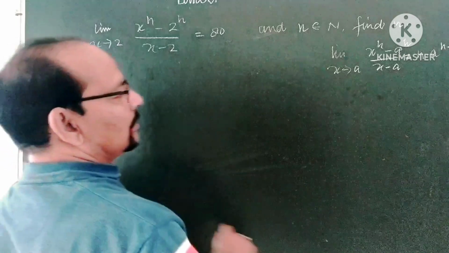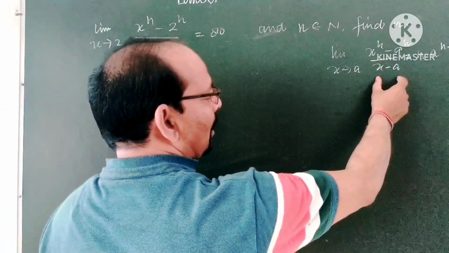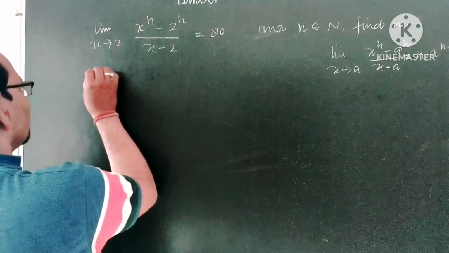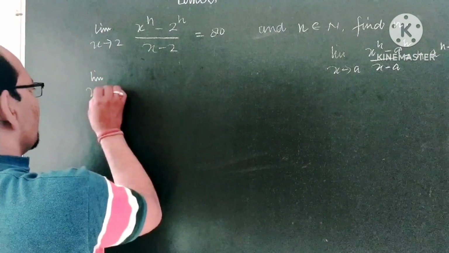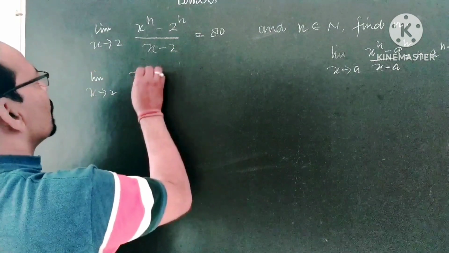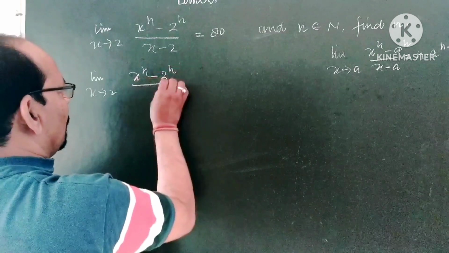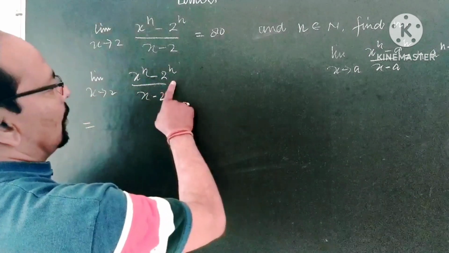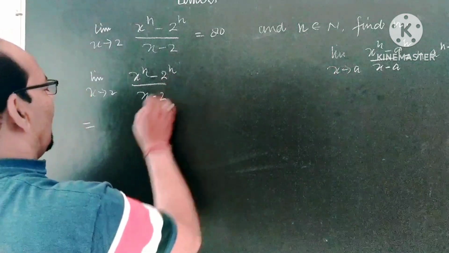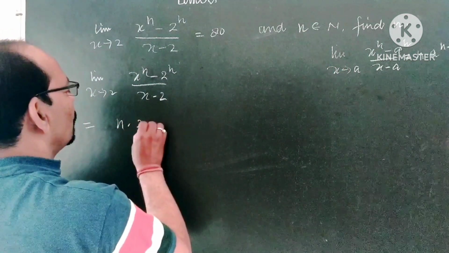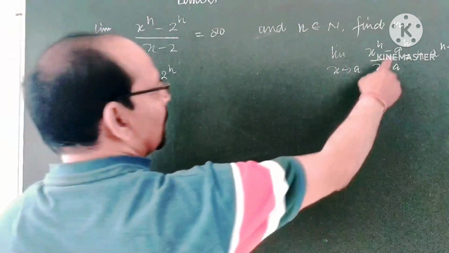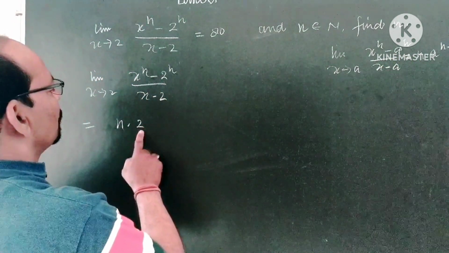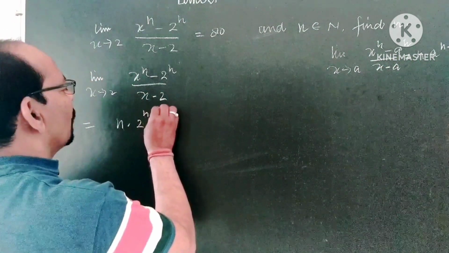Therefore, we apply this formula directly. Limit x tends to 2 of (x raised to n minus 2 raised to n) upon (x minus 2). Therefore, the limit will be n into 2, because in place of a here is 2, raised to n minus 1.